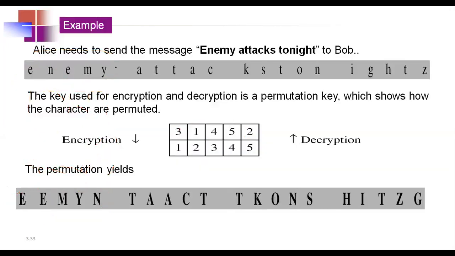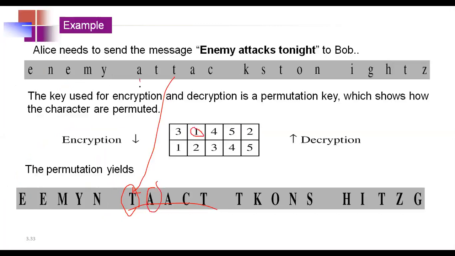same thing. Assume this is the ciphertext. The first character of the second block is the third character of the plain text. That means this T. The second character of the ciphertext is 1.